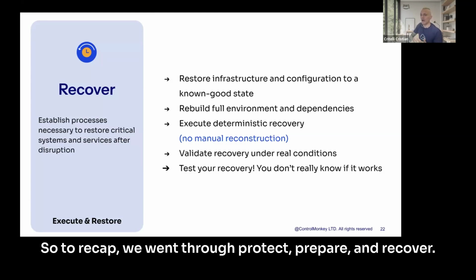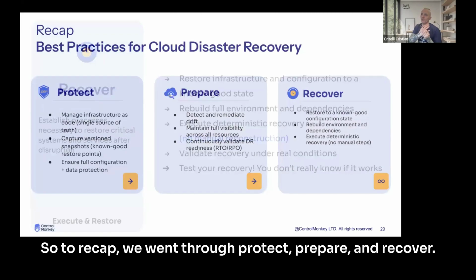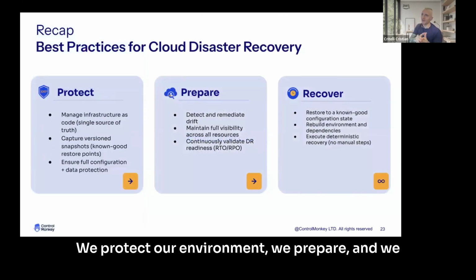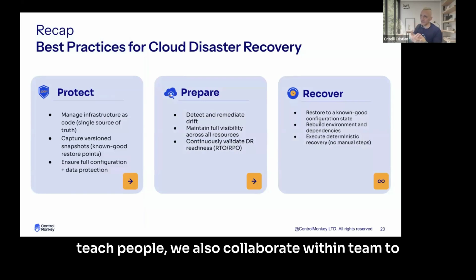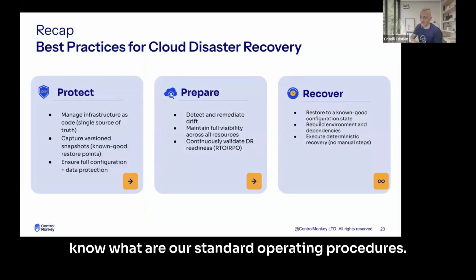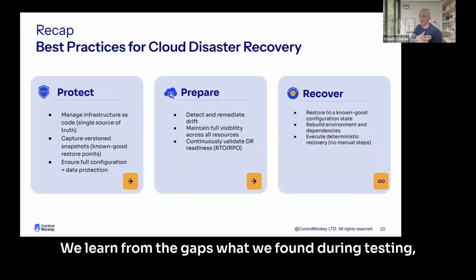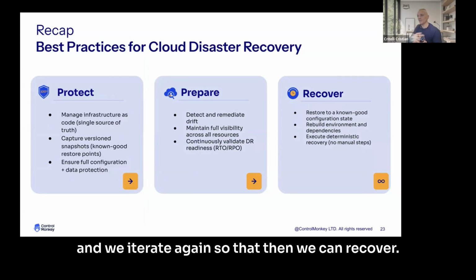Next slide. So to recap, we went through protect, prepare, and recover. We protect our environment, we prepare, and we teach people. We also collaborate within teams to know what our standard operating procedures are. When something happens, we reiterate, we observe, monitor, test, we learn from the gaps we found during testing, and we iterate again so that then we can recover.